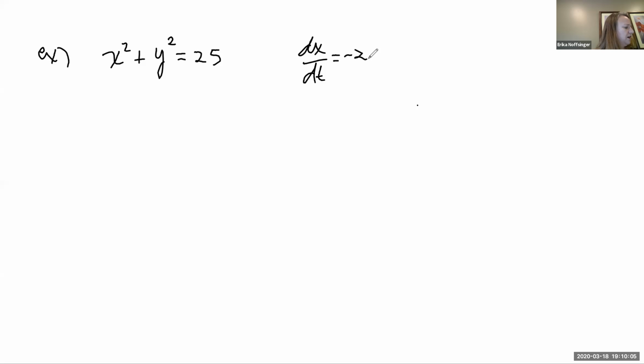So if x squared plus y squared equals 25 and dx/dt equals -2, then what is dy/dt when x is 3 and y is -4?